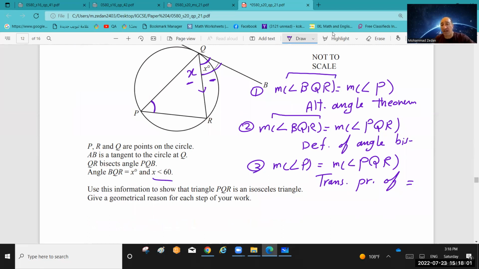When you have two angles equal in a triangle, the triangle is isosceles, not equilateral, because if x is 60, it would be equilateral. So just write: triangle PQR is an isosceles triangle because base angles are congruent.